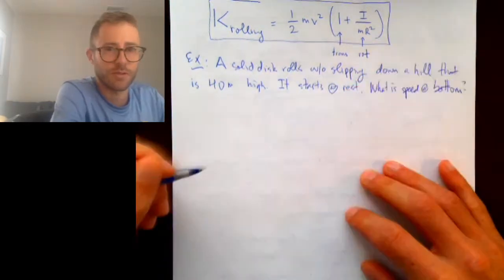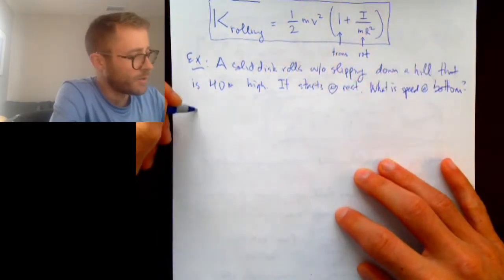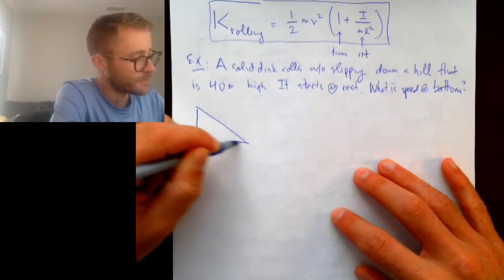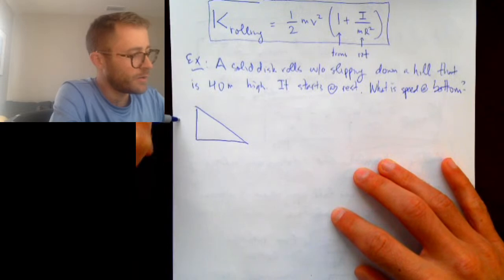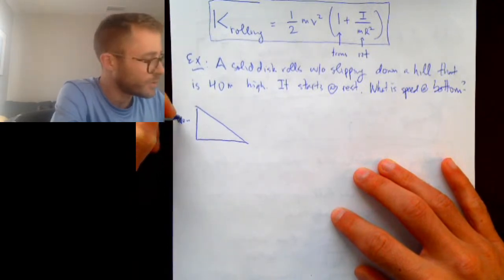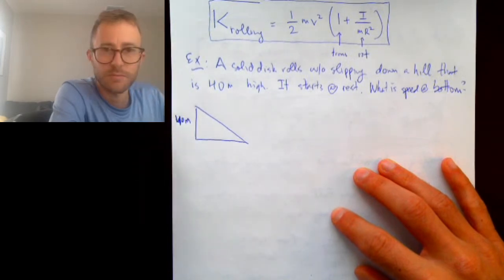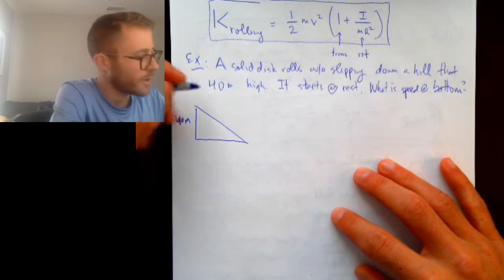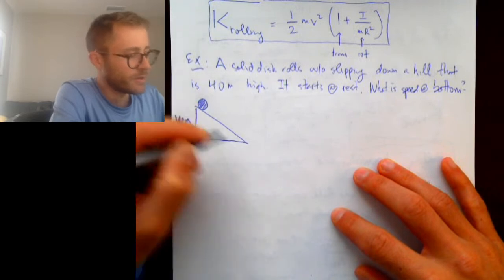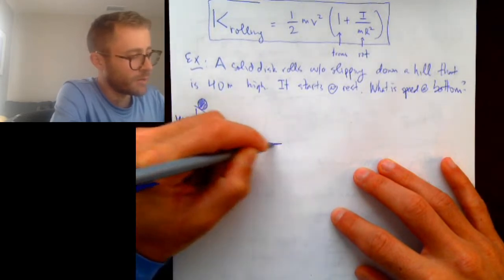So let me draw a picture of what this looks like. We've got a hill. The hill is 40 meters high. We've got a solid disk, and it's going to roll down to the bottom of the hill.